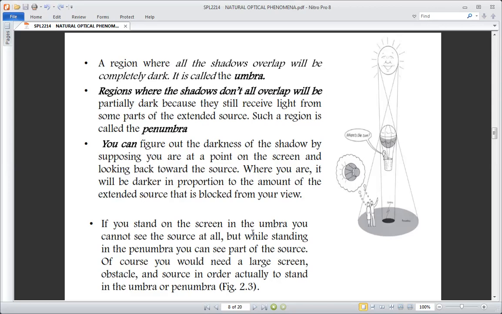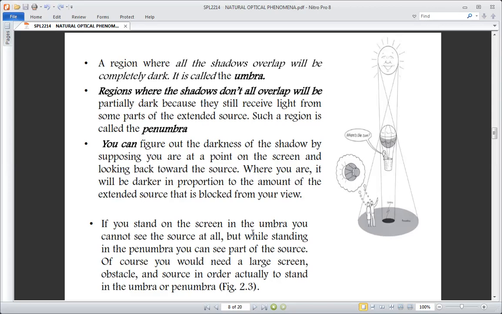So that area which is partially dark is what we call the penumbra. Again, these are not new terms, but you should be able to explain them. If you're asked to explain the difference between those two, you should give an extended explanation of how the umbra comes about and the penumbra.